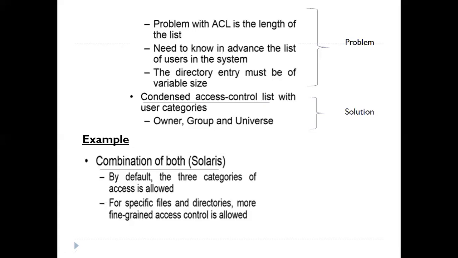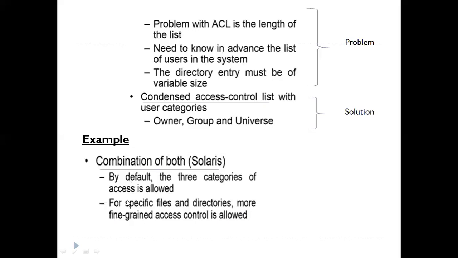Okay, how is it implemented? Some examples in Solaris. Okay, Solaris is nothing but what in cloud and all those places we make use of, the Solaris operating system, right? In Solaris, a combination of both. By default, the three categories of access are allowed. And for specific files and directories, more fine-grained access control is allowed.